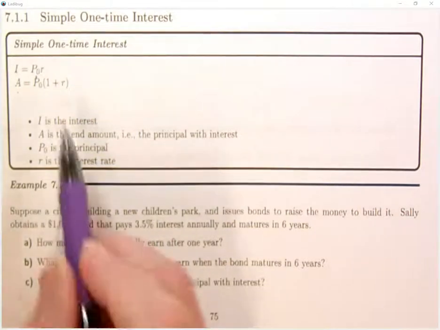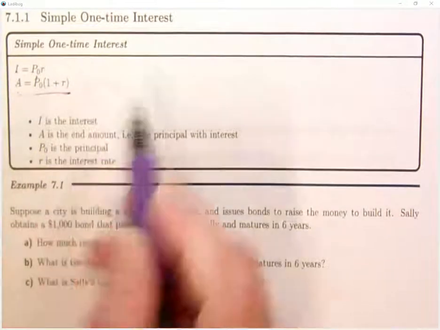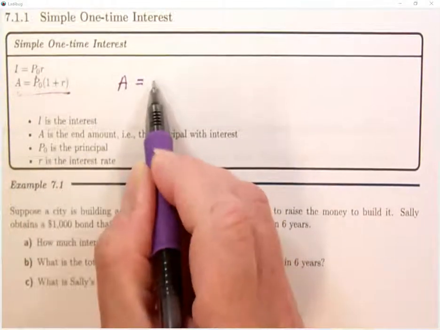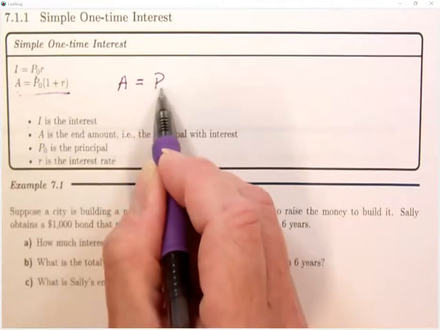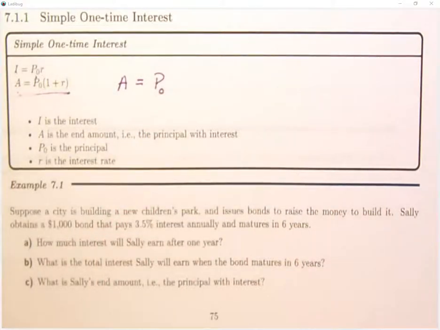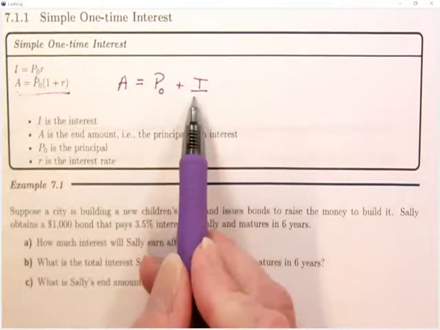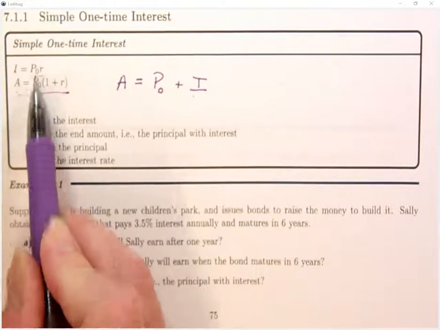And how we get this here is A, this is a factored form, A is the money that you put in plus the interest earned. And then we know the interest earned is this, right?